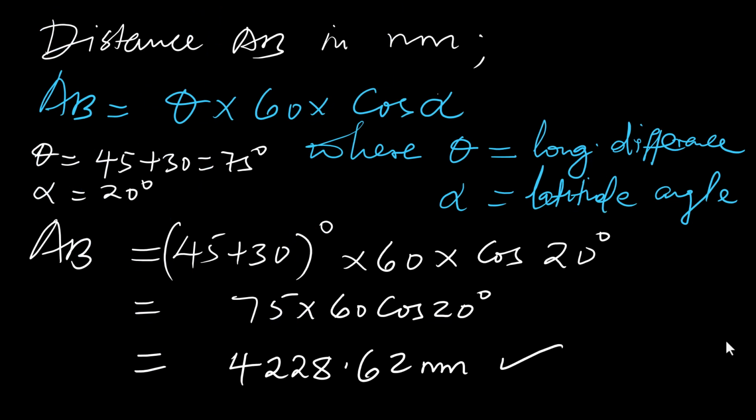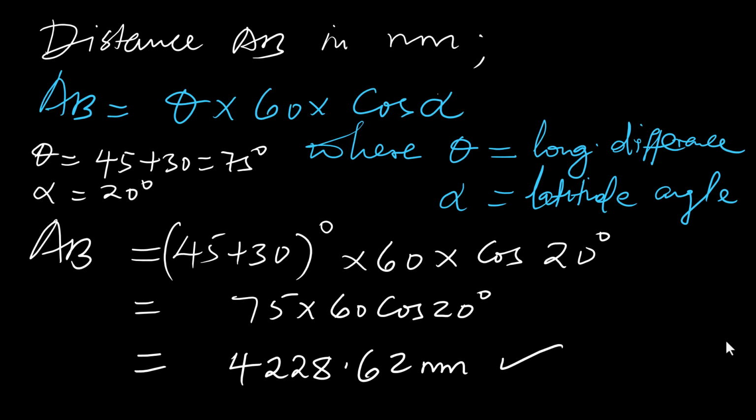Now what about in nautical miles? We get it by theta times 60 times cosine of alpha. Again, theta remains to be the longitude difference between the 2 points A and B, and we obtain that as 45 plus 30, which is 75. The latitude angle is 20 degrees. So now getting the distance, we substitute.